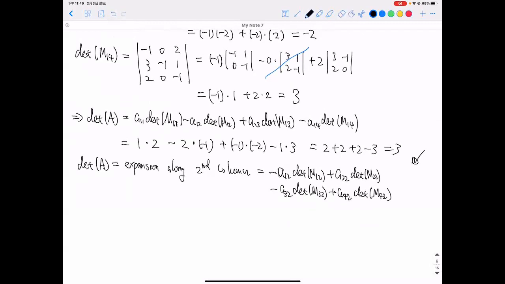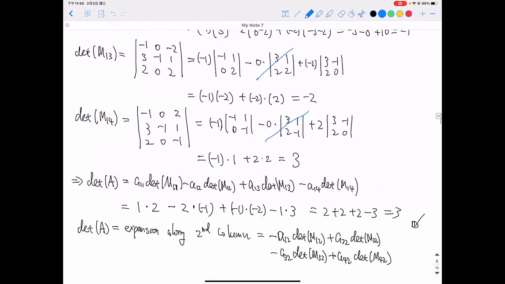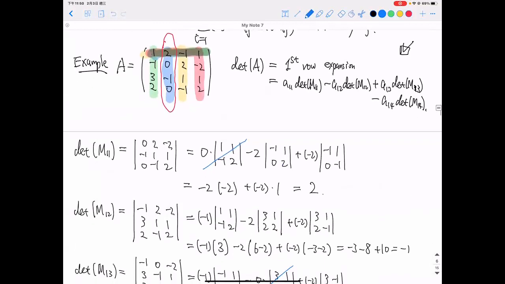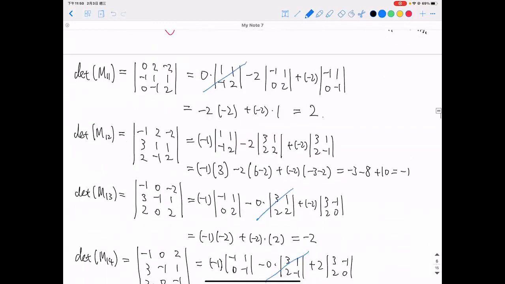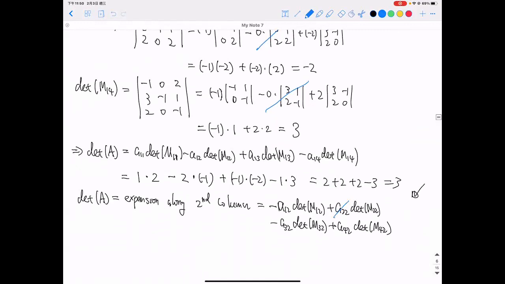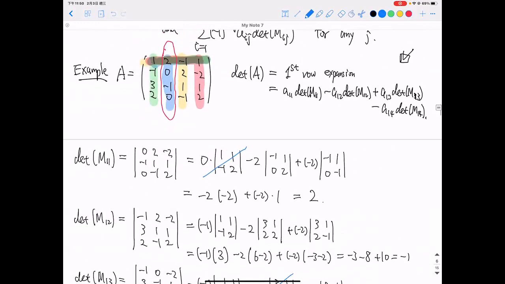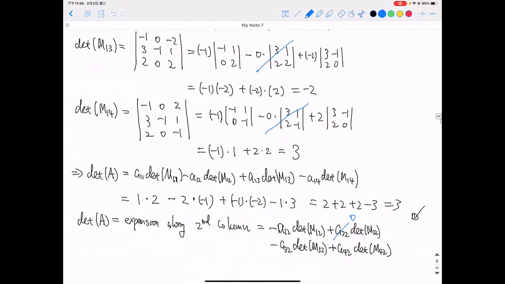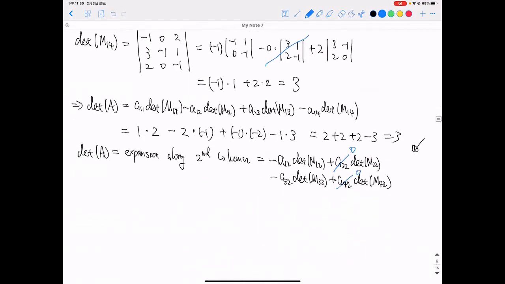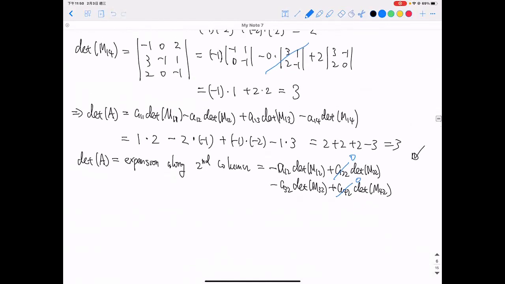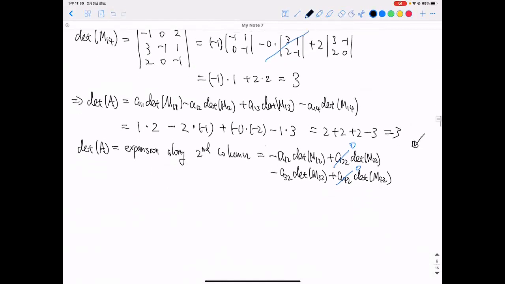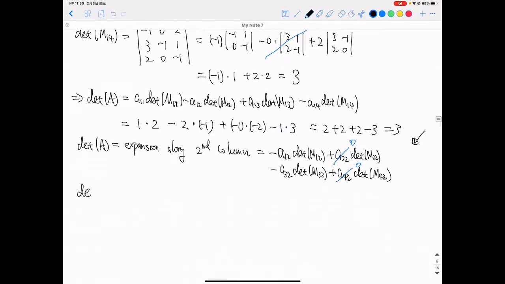Okay, and now this is a simpler computation because, let's see, we need to go back to see here. A22 is 0. This is 0. So that entire term goes away. A42 is also 0. So that entire term goes away. So what I need is to compute the determinant of M12 and the determinant of M32.